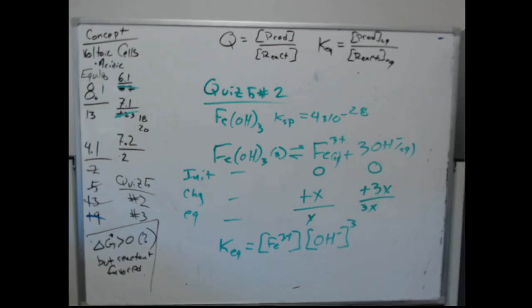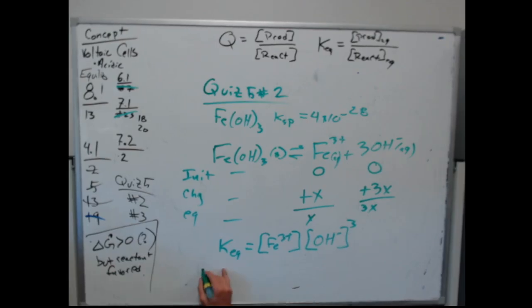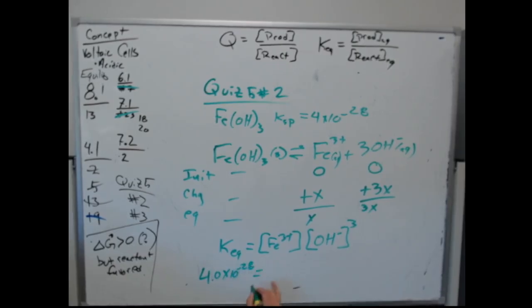Then I can, and was it just 4? Did I miss any numbers? Was it just 4.0 times 10 to the minus 28? Yeah. Okay, so now I can plug in my different values. 4.0 times 10 to the minus 28 is equal to x times 3x cubed. Is that what you did?